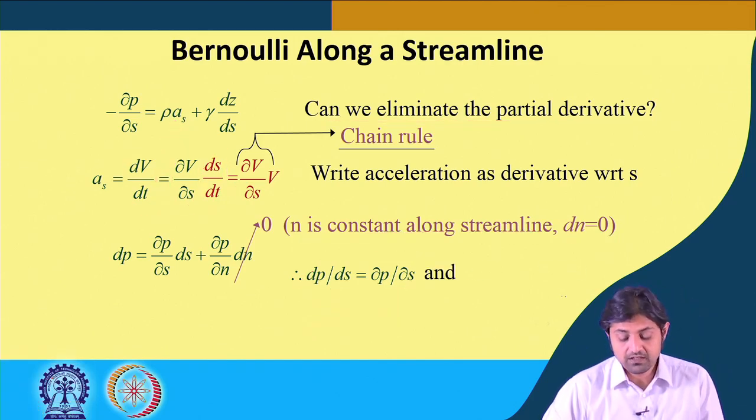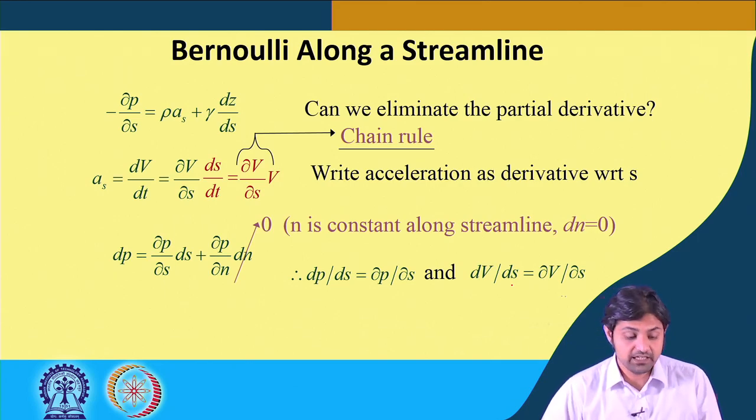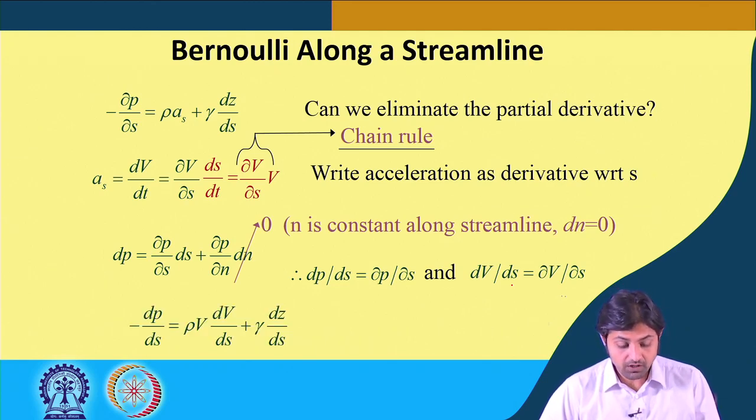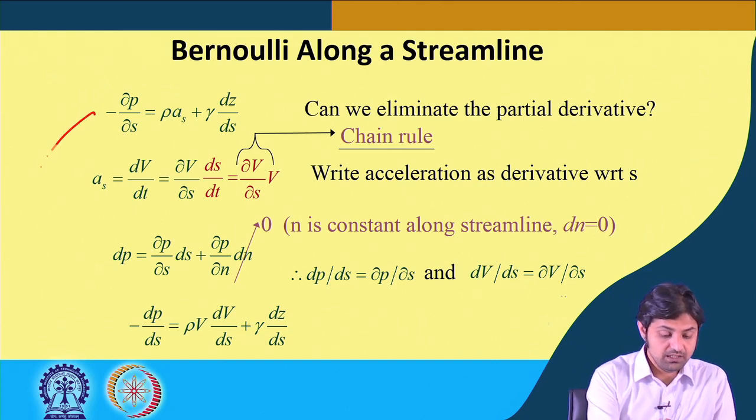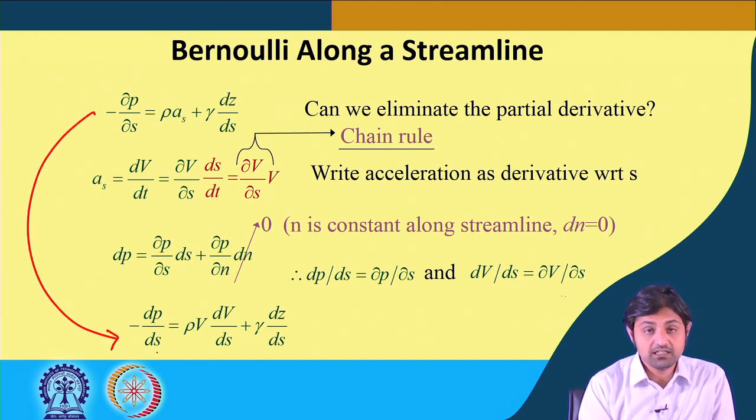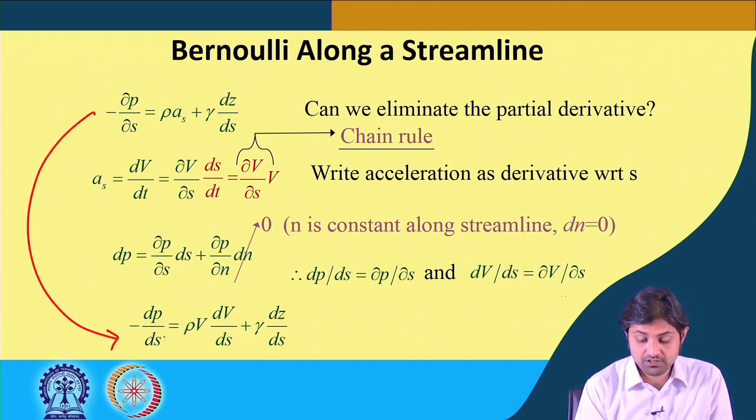And dV ds is written as del V del S. So this equation turns out to be minus dP ds.